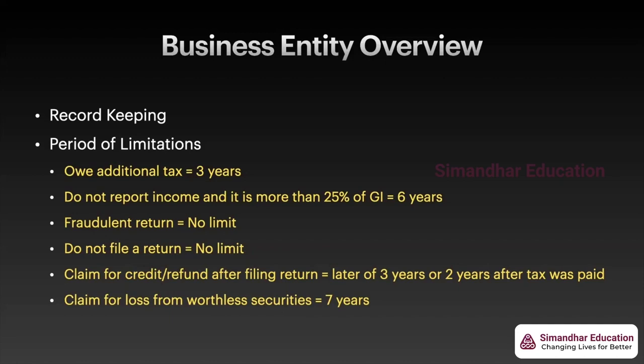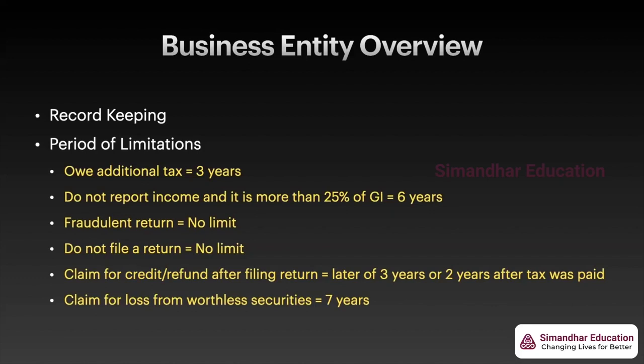So again, the period of limitations can differ in different scenarios. You need to remember these years and what the period is specifically, because you will have multiple choice questions on these scenarios. So again, if you just owe additional tax, it is 3 years. If you have underreported your income by more than 25%, it's 6 years.